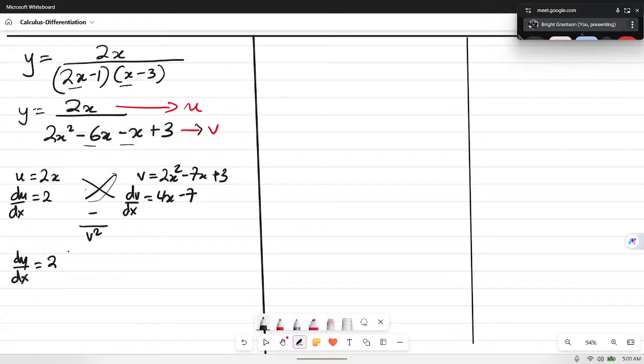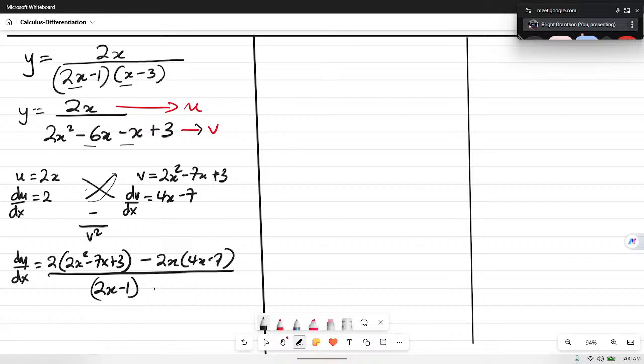That becomes 2 times (2x squared minus 7x plus 3) minus u dv/dx, 2x times (4x minus 7), all over v squared, (2x minus 1)(x minus 3). Or I should expand the whole v squared.